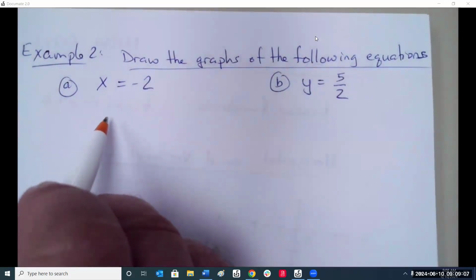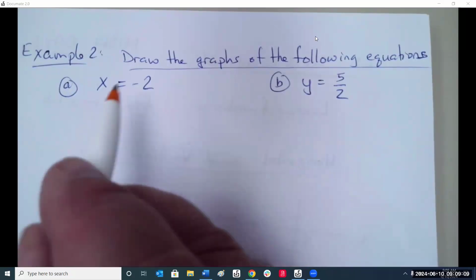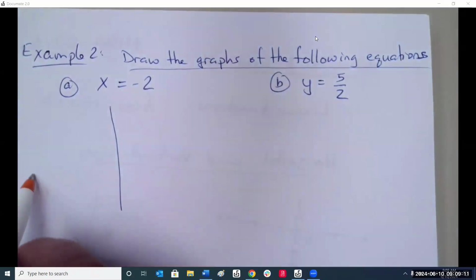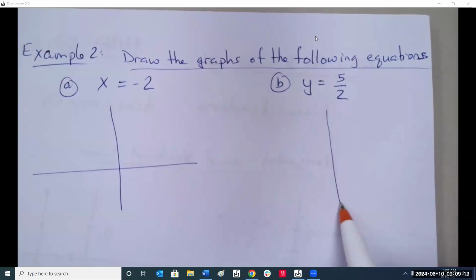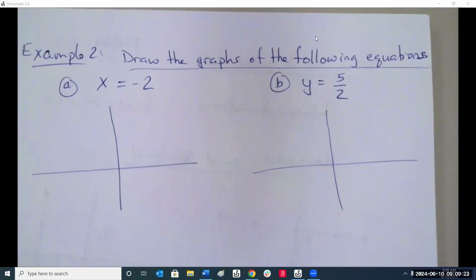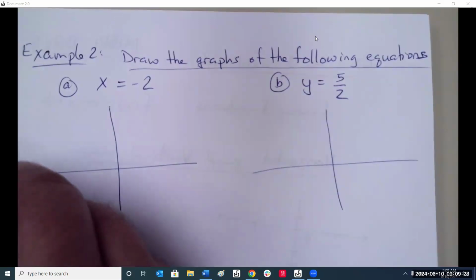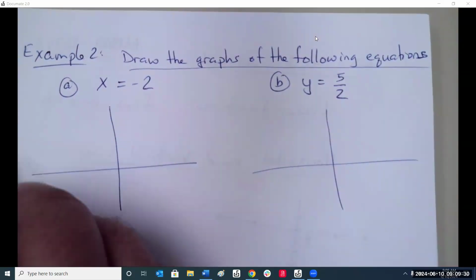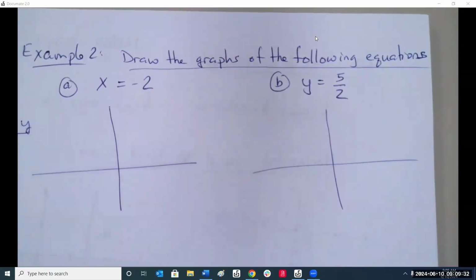What's the graph of this one look like? At point -2, 0, that's where the line crosses. Well, we need a couple of points.